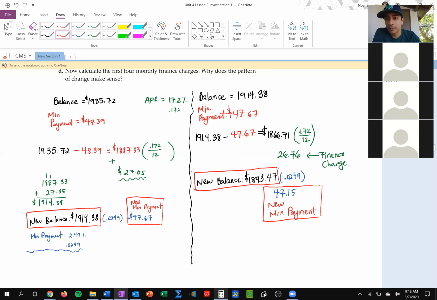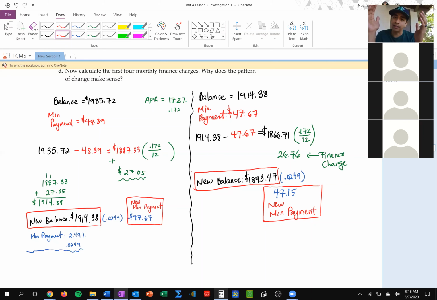So that's where the trouble comes in, is that if you're just making those little minor payments, you're paying off mostly interest because you're paying the interest that got charged, but then you've left the balance really high. So then if you leave the balance high, the interest on a high balance is high as well.